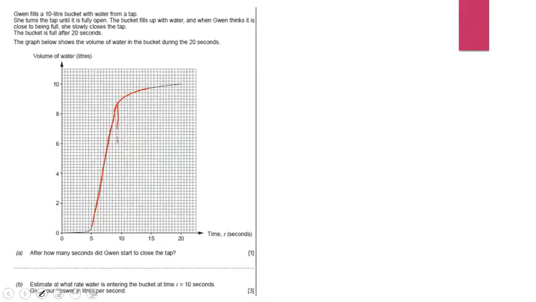So where it's changing, just come straight down. It's around about here when you do that with a straight rule. So I've got an answer of around 9.1, 9.2 seconds. Anything between 9 and 9.5 would be satisfactory for that question.